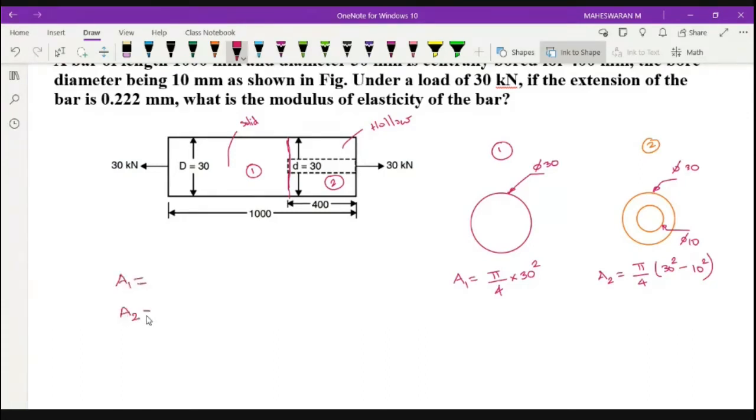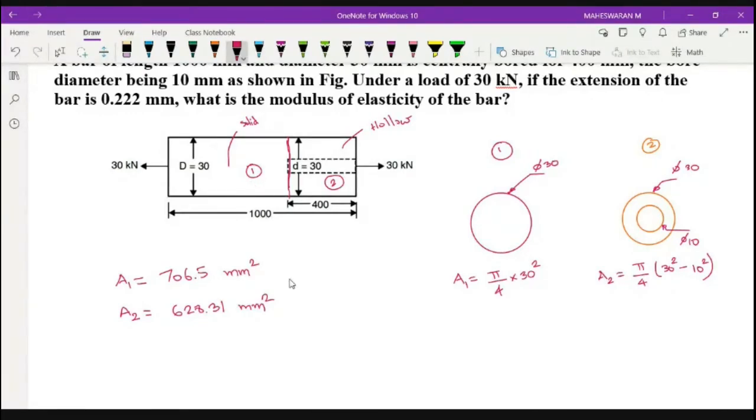Can you tell me what these values are? A1 is 706.5 mm square. A2 is 628.31 mm square. Now I identified my areas for these two, for section 1 and section 2.